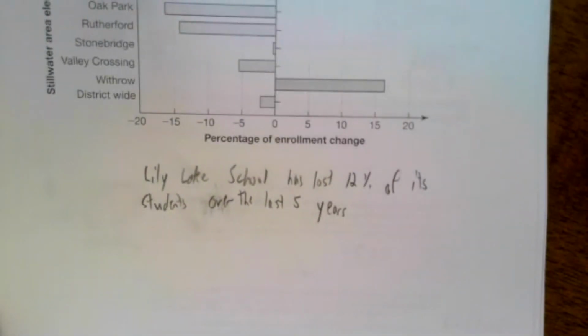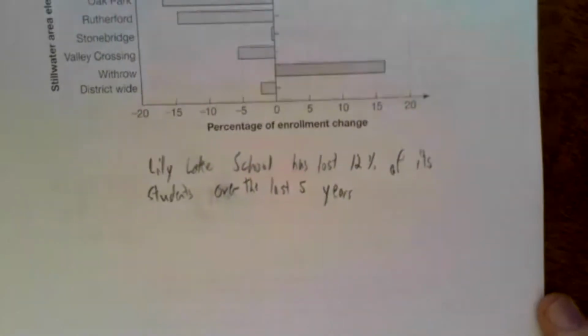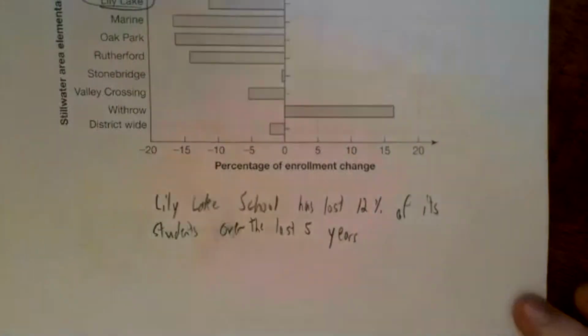Or you could also say their enrollment has gone down 12% from 2013 to 2018. I think it's around 11 or 12. It's kind of hard to see on the graph. So 11 or 12%, either one's fine.